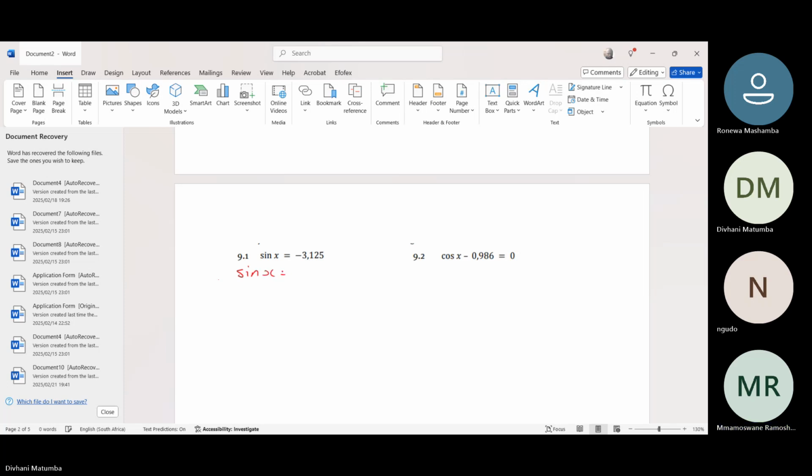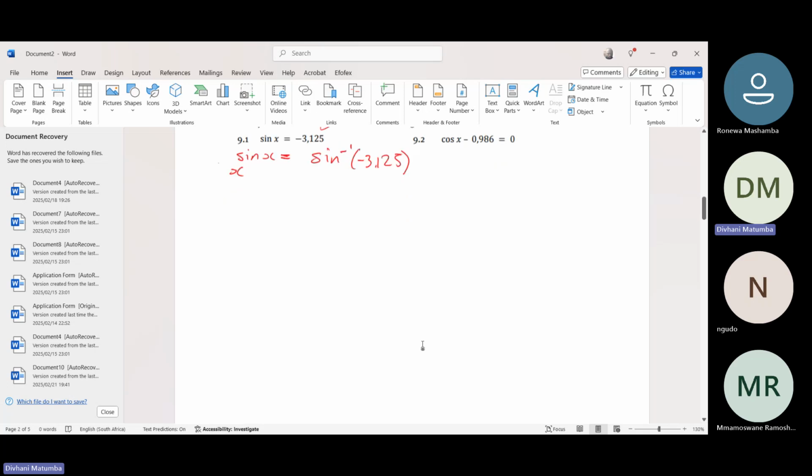You're going to have to type it in. It's giving me a math error, so it's undefined. Undefined. Yes, that's correct. There's no angle.